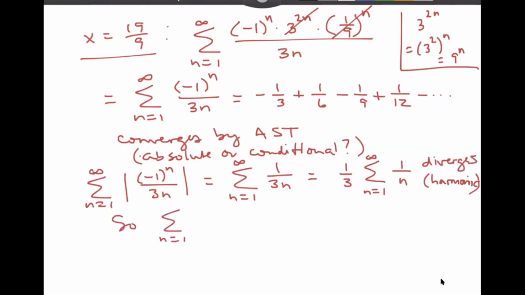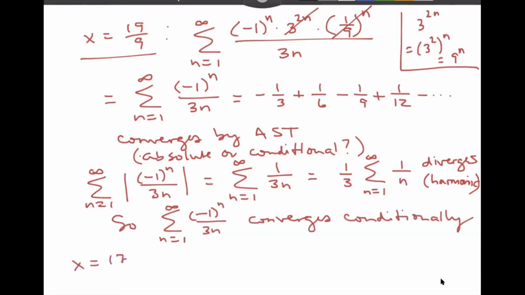The sum n going from 1 to infinity of -1 to the n over 3n converges conditionally. All right, and finally, we have to look at the other endpoint, x equals 17 ninths. So I'll start that down here. That's going to give us the sum n going from 1 to infinity, -1 to the n.